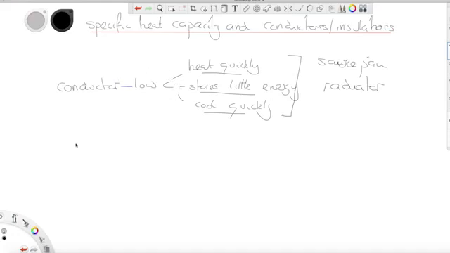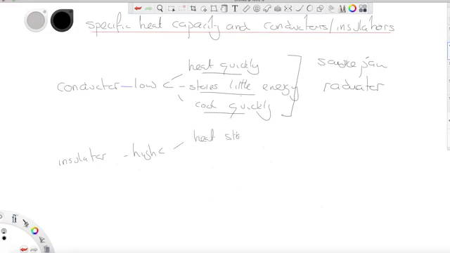Comparing that to insulators then, your insulator will have a high specific heat capacity, which means it will heat slowly.